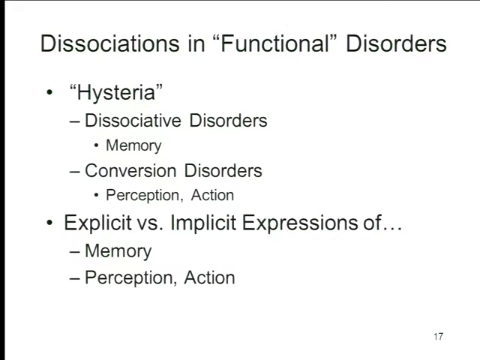And here in the conversion disorders, like hysterical blindness, hysterical deafness, hysterical paralysis, you have a person who can't consciously see certain kinds of things, can't consciously perform certain kinds of activities, but yet those automatisms, if you will, are still present and able to be used to guide his or her behavior implicitly. So whether you're talking about the dissociative disorders or the conversion disorders, in both cases we're seeing dissociations between explicit and implicit expressions of perception and memory.